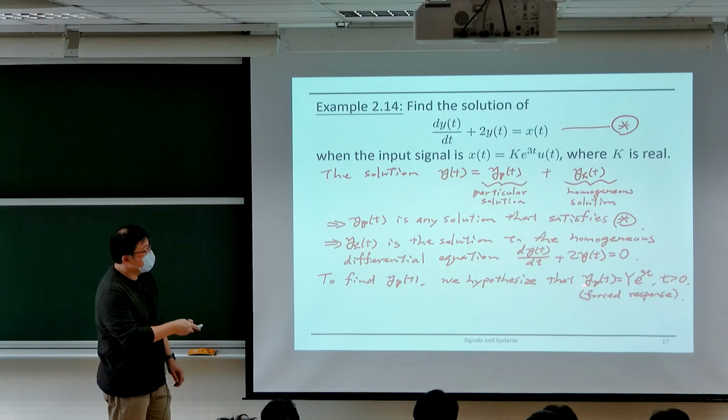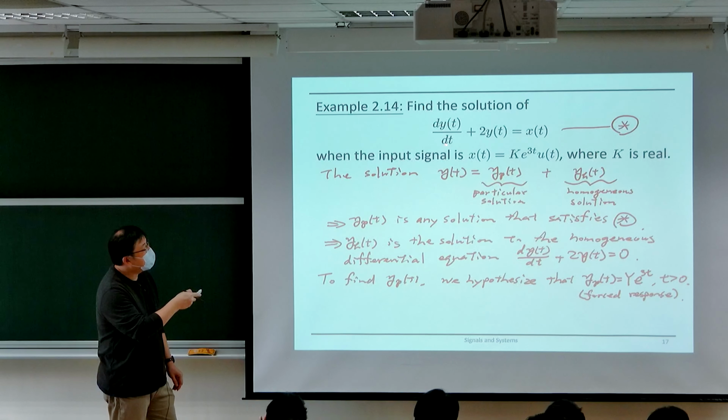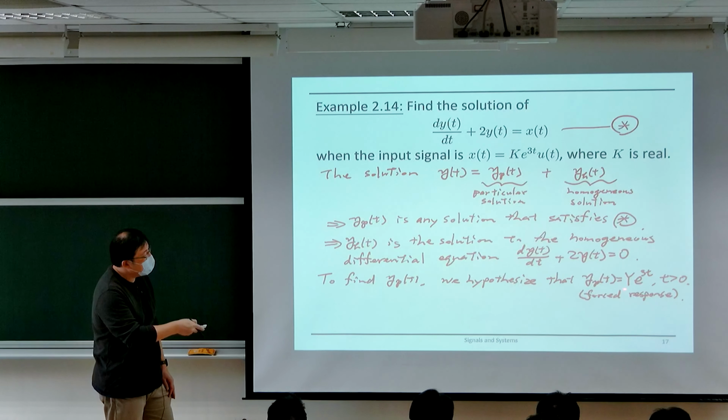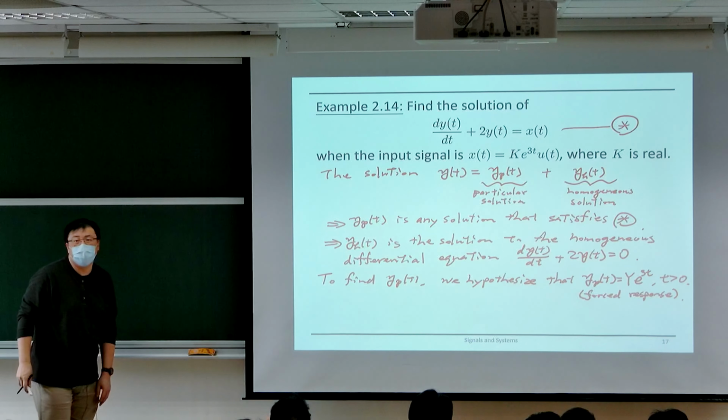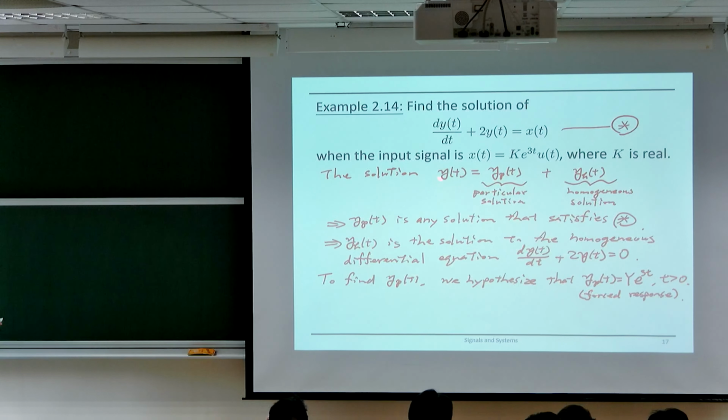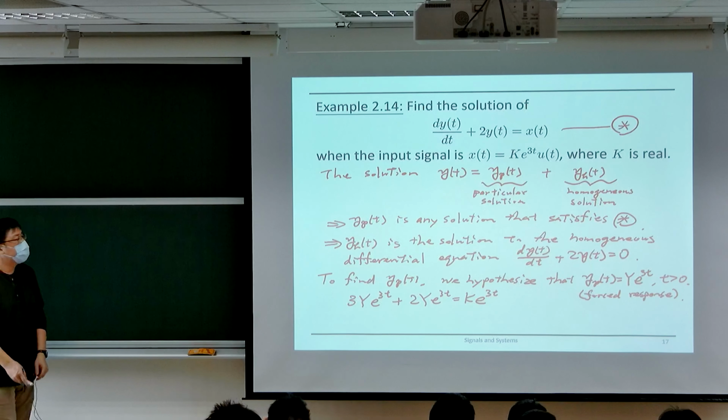Now we can check if this is true by substituting this inside and seeing if there exists a y that would make this equality hold. So if we substitute this inside here, then taking the derivative, we get 3y e to the power 3t plus 2 times y of t, so we get 2 times y e to the power 3t. And on the other side, we have k e to the power 3t.